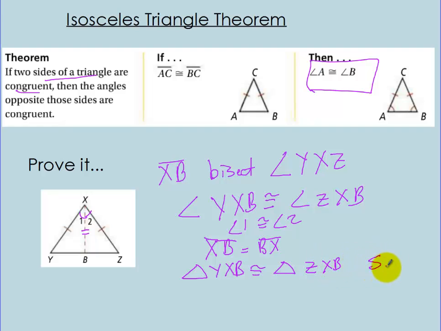We can say that because of side angle side, going back to last week's stuff. And because those triangles are the same, angle Y is congruent with angle Z because corresponding angles of congruent shapes are congruent. So that's how we can prove it.